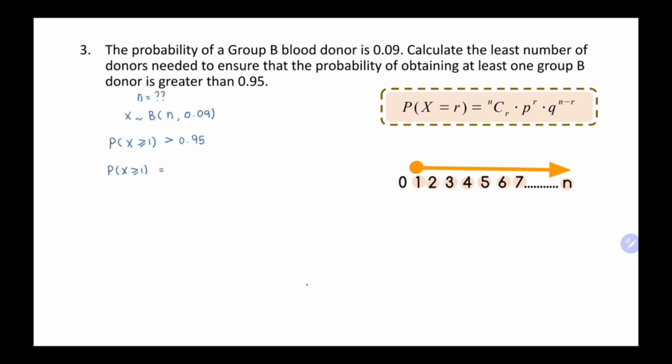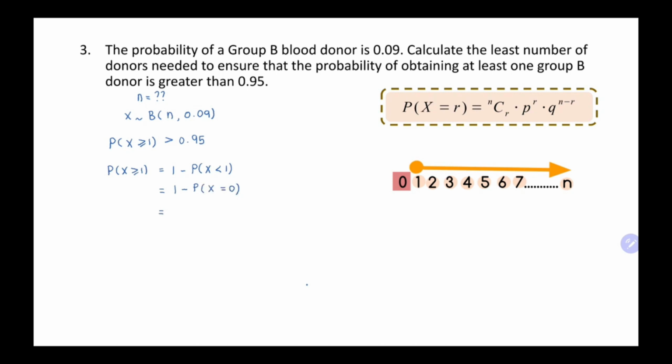We take total for probability 1 minus with P(X) less than 1. Kita ambil semua nilai probability, tolakkan dengan yang kita tak nak. Kita tak nak adalah kurang daripada 1. So P(X) less than 1 not equals to 1, just less than 1, so means P(X) equals to 0.